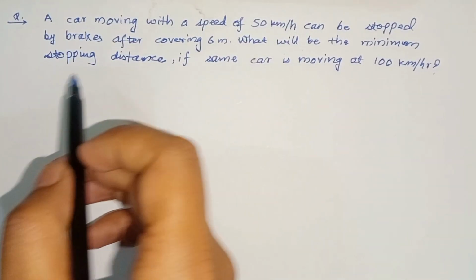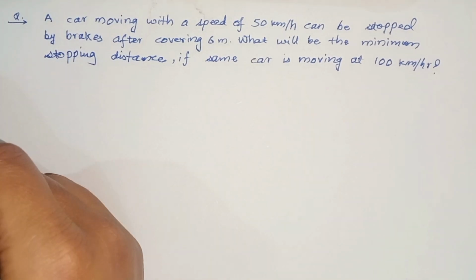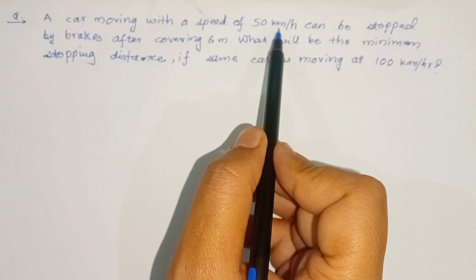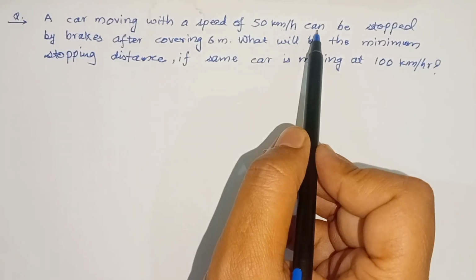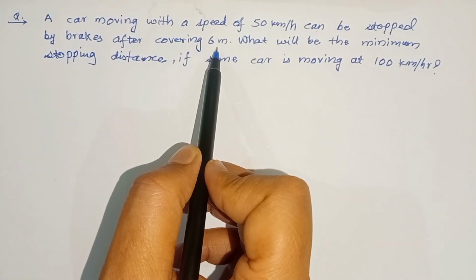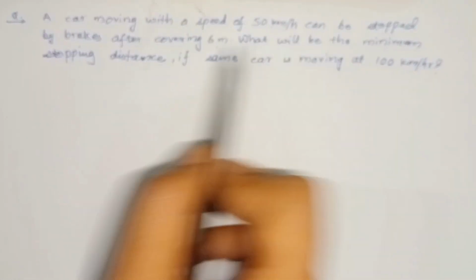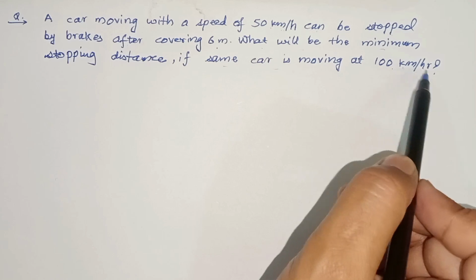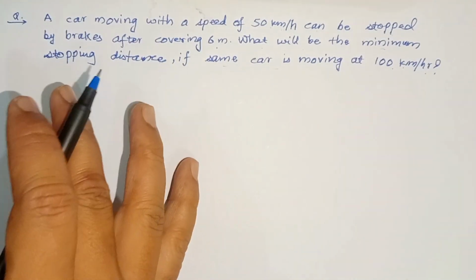Let us see one question related to stopping distance. A car moving with a speed of 50 km per hour can be stopped by brakes after covering 6 meters. What will be the minimum stopping distance if the same car is moving at 100 km per hour? There are two cases in the question.